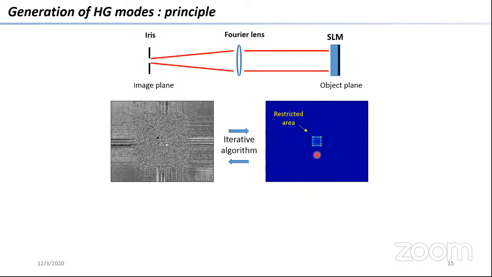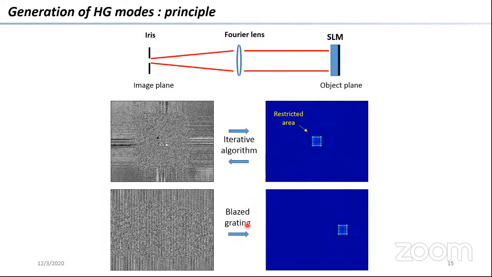And then we add a blazed grating to displace the mode, because we want to avoid all non-diffracted light, which is usually concentrated in the middle. So the theoretical efficiency here is around 20 to 40%.